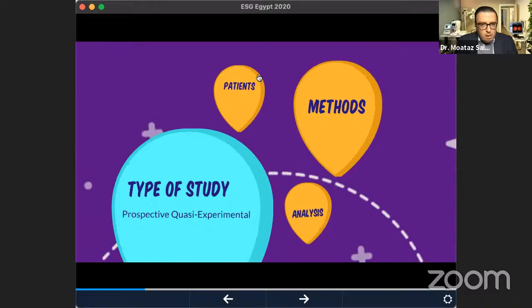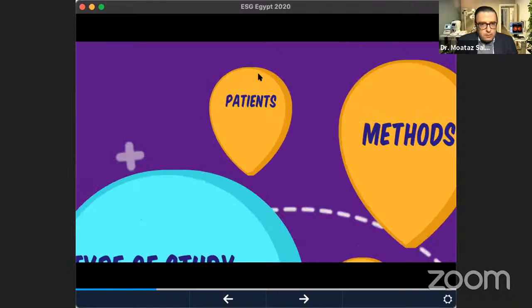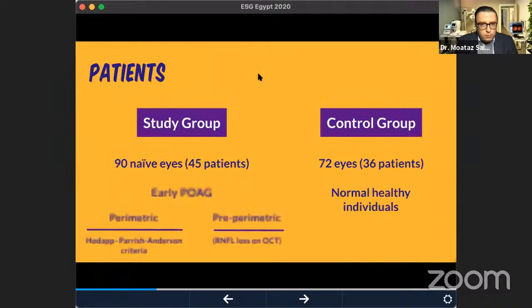We ran a prospective quasi-experimental study comparing two groups: a primary open-angle glaucoma group with early glaucoma, either perimetric or pre-perimetric, compared to normal healthy individuals.